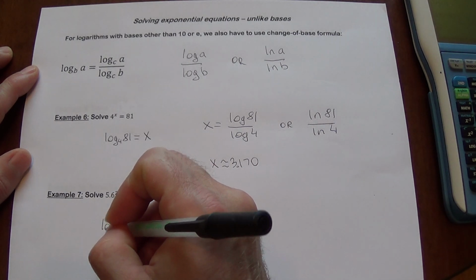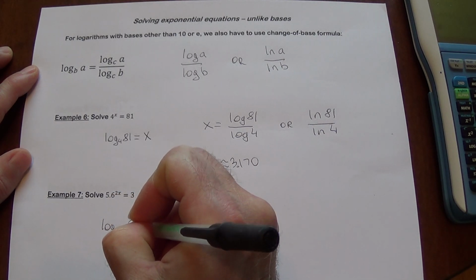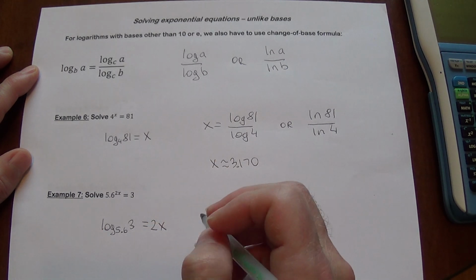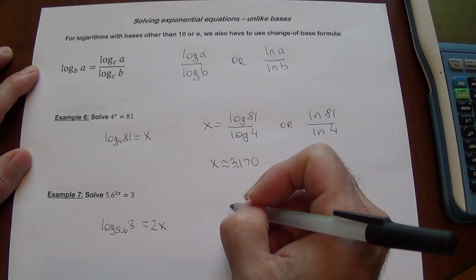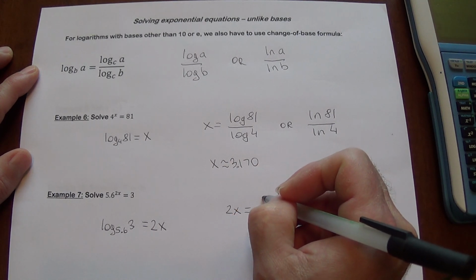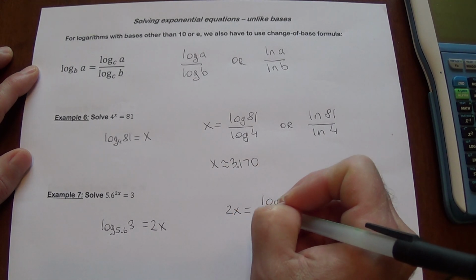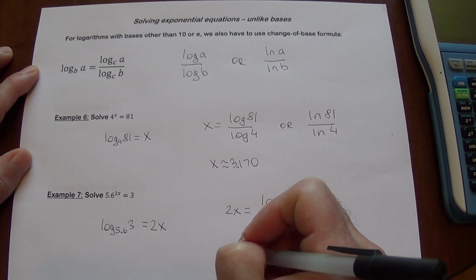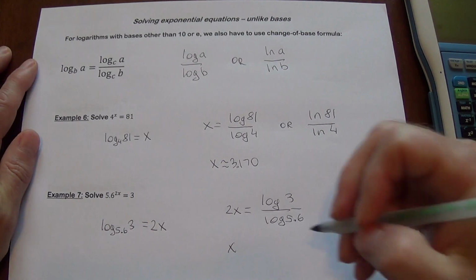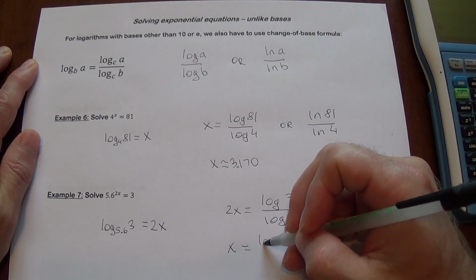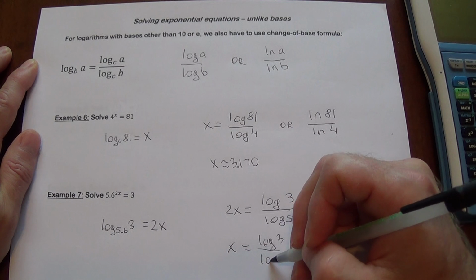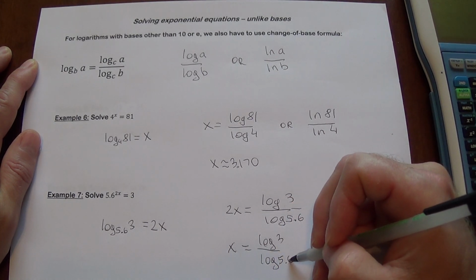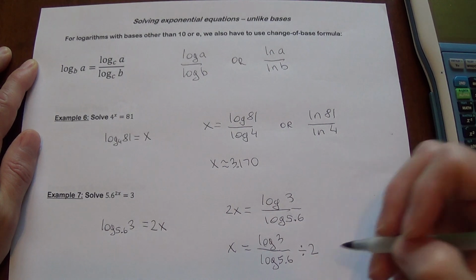Okay, so here we have the base 5.6. Nothing's going to change. Log base 5.6 of 3 is going to be 2x. We do need to divide by 2 at some point. But before I do that, let me address the change of base formula. I'm going to do log 3 divided by log 5.6, and then we're going to divide that by 2.